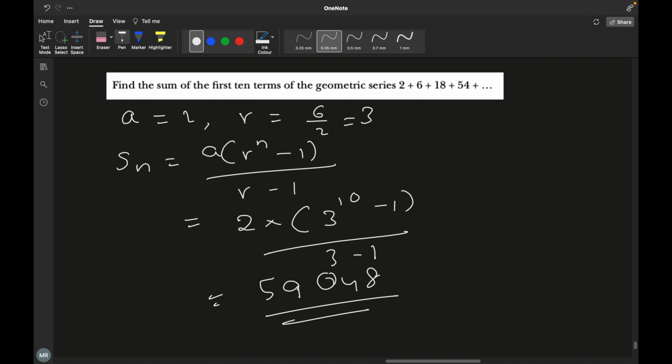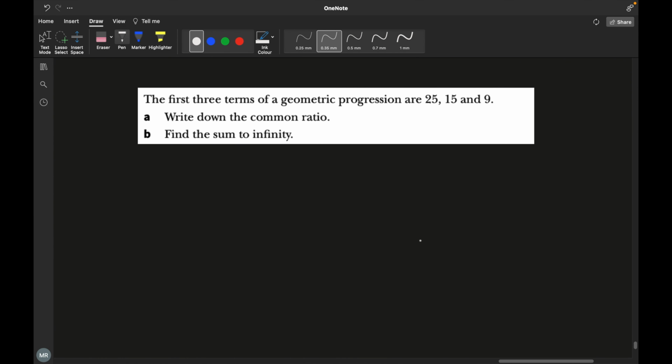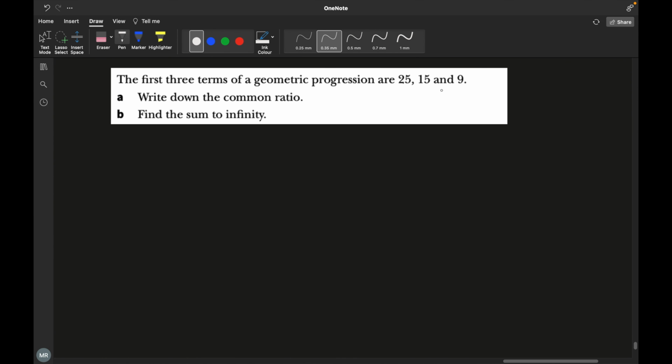And let's solve the last question, which is related to the sum to infinity. The first 3 terms of a geometric progression are 25, 15, and 9. We have to write down the common ratio. So it's going to be 9 by 15, which is 3 by 5.